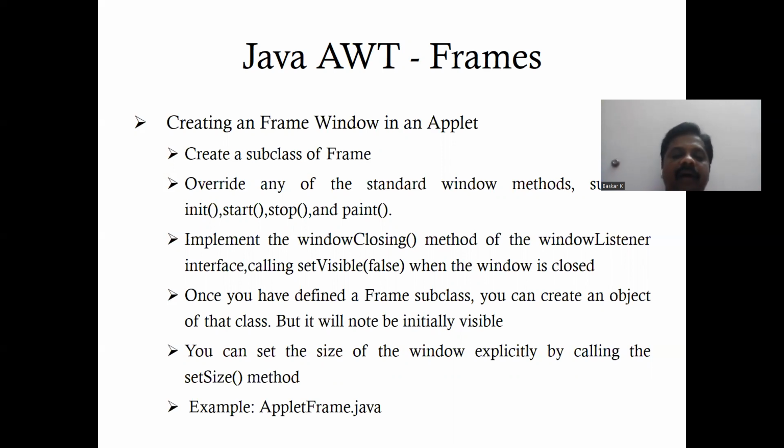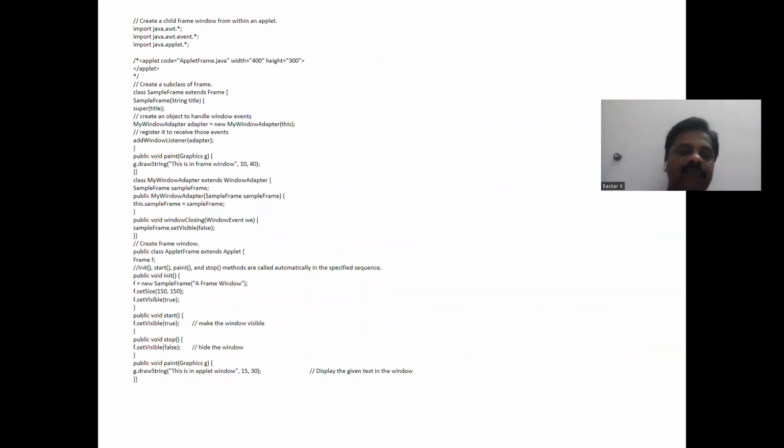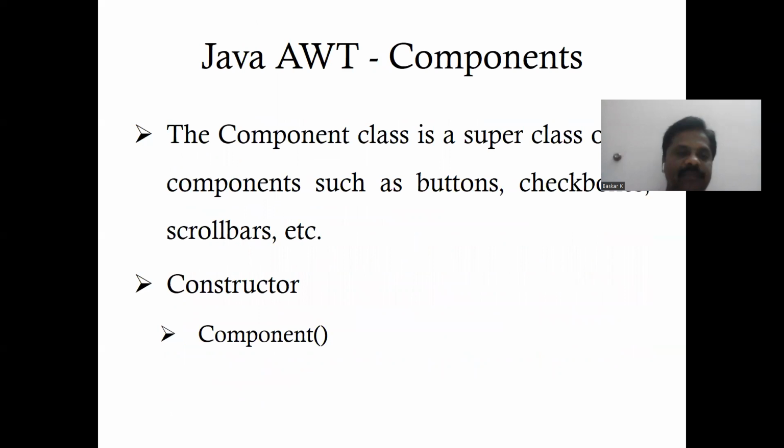Once you have defined a frame subclass, you can create an object of the class, but it will not be initially visible. You can set the size of the window explicitly by calling the setSize method. This is an example program we will execute in our lab session.